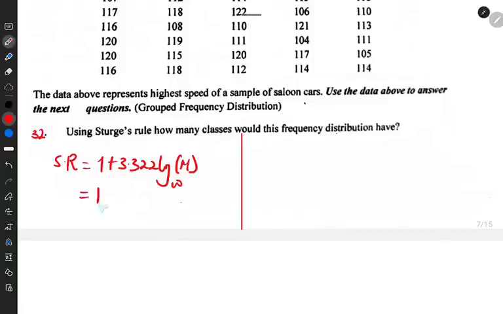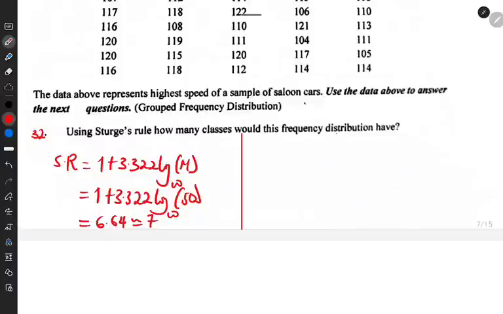So we straight up apply: 1 plus 3.322, and our total number is 50, so log 50 to the base of 10. What do we get in summary? We're supposed to have a figure of 6.64. But in a more approximated form, we're supposed to get 7.